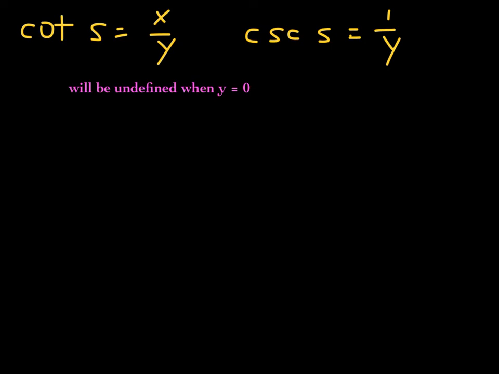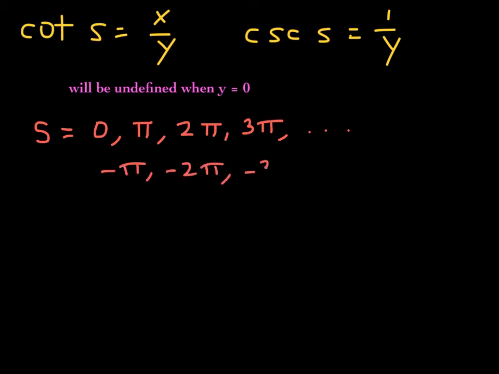Now think about whenever y is 0. y would be 0 if s were 0 pi, 1 pi, 2 pi, 3 pi, etc. Negative pi, negative 2 pi, negative 3 pi, etc. Let me prove it to you. I'm going to show you on the unit circle each one of these angles, and that at each one of these angles, y is 0.